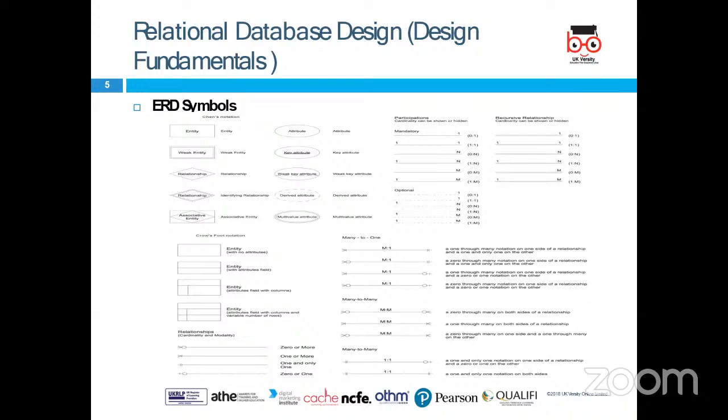And then there are also arrows that depend on what type of relationship. So it could be many to one, or many to many, or even one to one. So depending on the relationship, we're going to have different types of arrows.